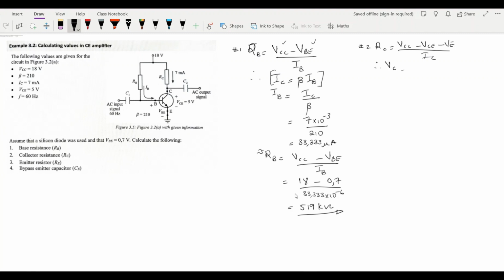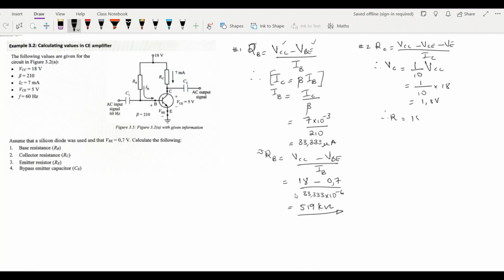But what is the value of VE? In my textbook, it is stated that the value of VE would be 1 over 10 VCC. Now, I substitute that like so, right? Punch that in my calculator and I find that the value of VE is 1.8 volts. Therefore, I go straight to my calculator now, RC.